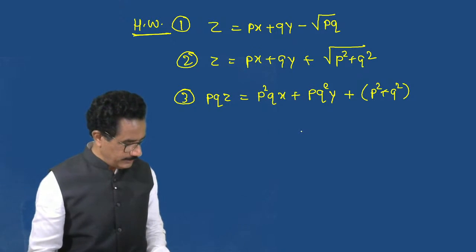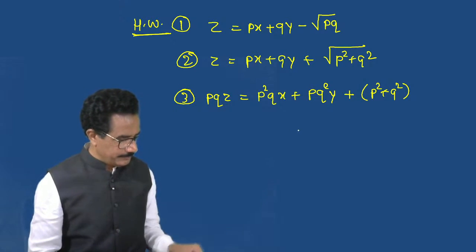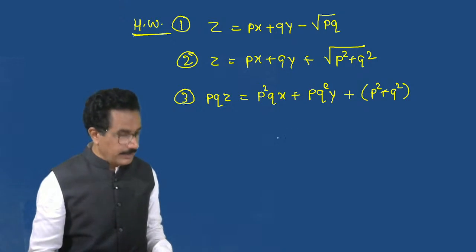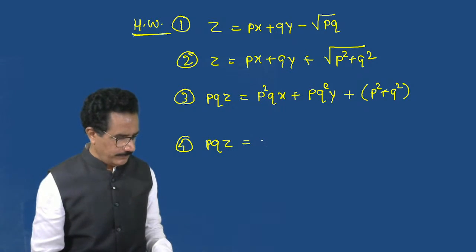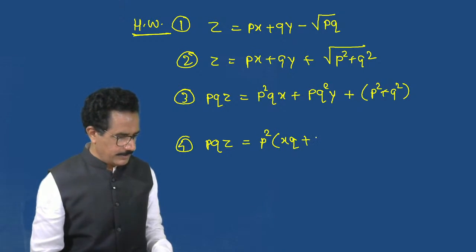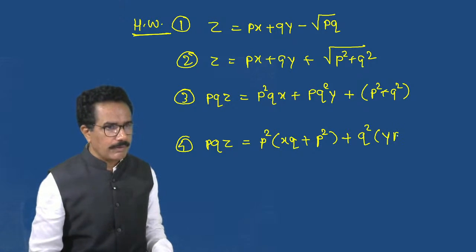So it will be z. Next, complete integral. Next, p square 4pq into z equals p square in a bracket xq plus p square plus q square in a bracket yp plus q square.